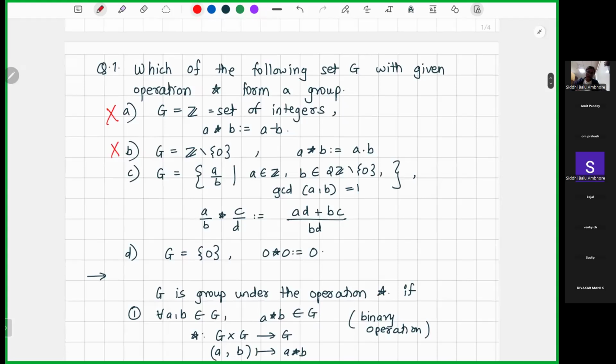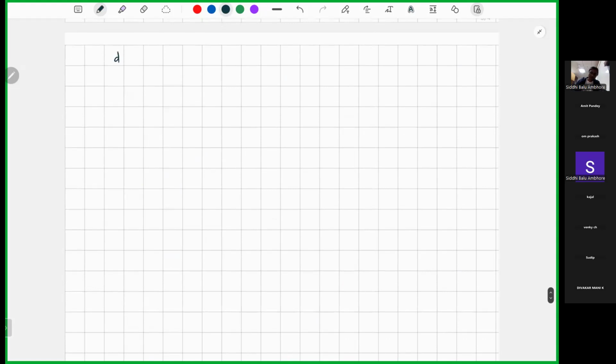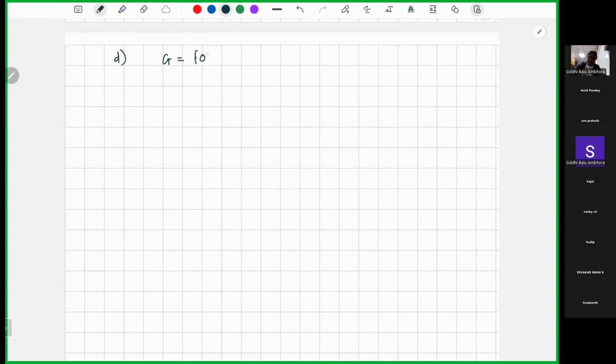Now let us check for the last one, which is just G is {0} and my star is 0 star 0 is 0. Now the closure property. 0 is the only element, so I have to check the closure property only on this element 0. So 0 star 0 anyway belongs to this set {0}.